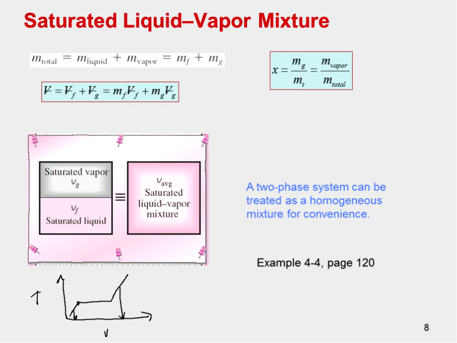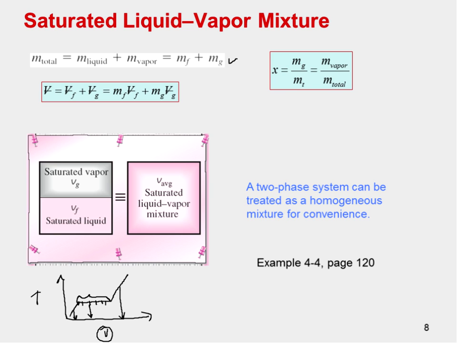And if it's gas, you look for it. But if you are between saturated liquid and saturated vapor, depending on the amount of heat or compressed liquid or compressed vapor is going to be the specific volume.